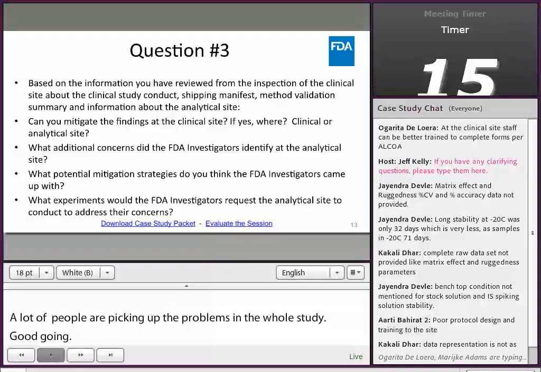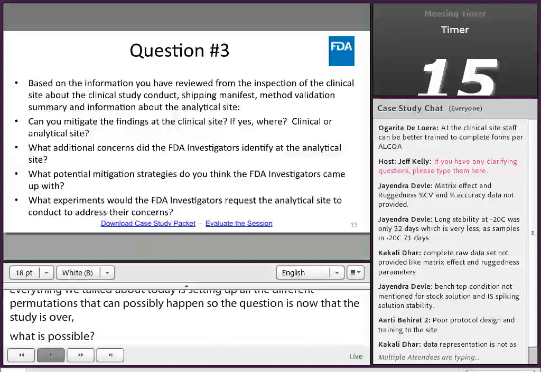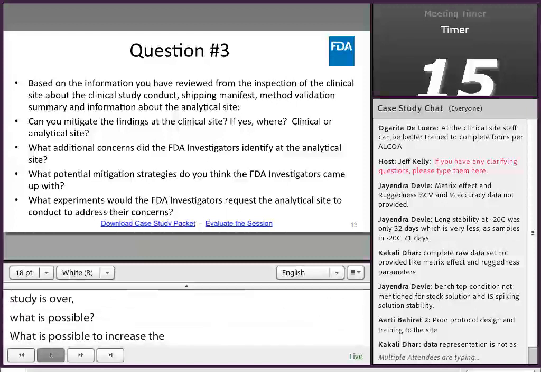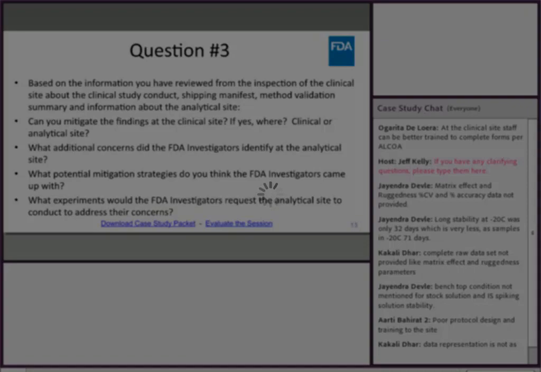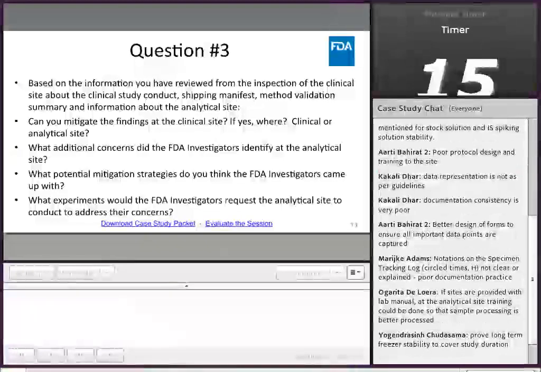What's possible to increase the confidence in the data? Can you mitigate it at the clinical site? Can you mitigate it at the analytical site?